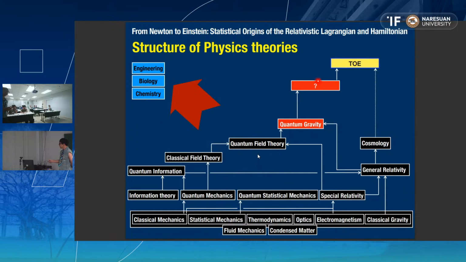And I put something in between here because it might be something else before we could get to this kind of TOE. And for this part, because we have this kind of knowledge, somehow we can apply all this knowledge to explain phenomena in biology, chemistry, as well as in engineering.